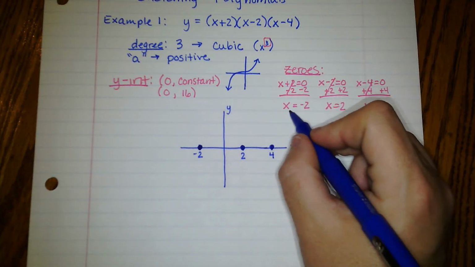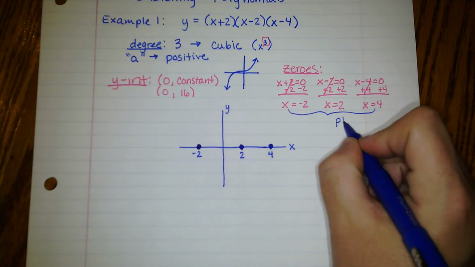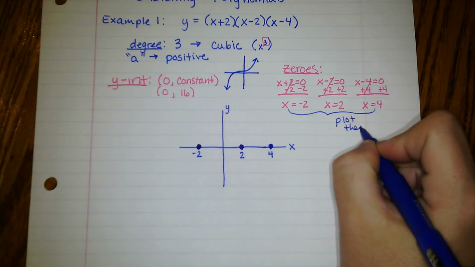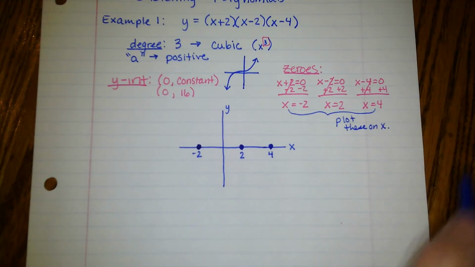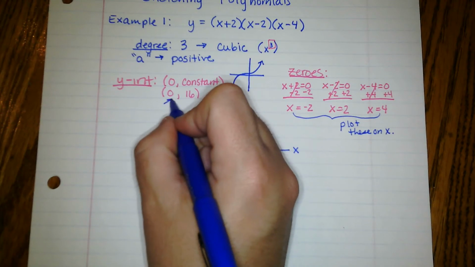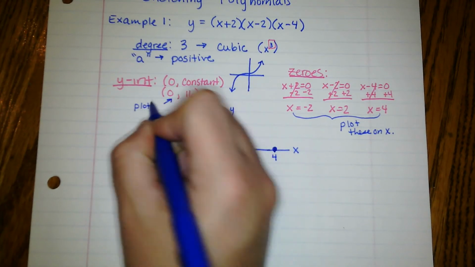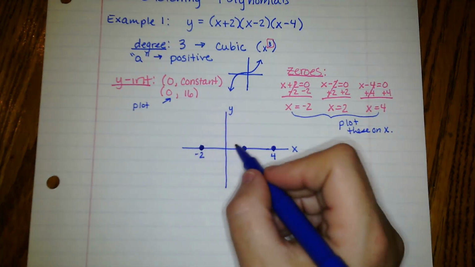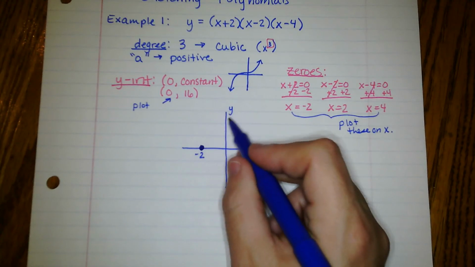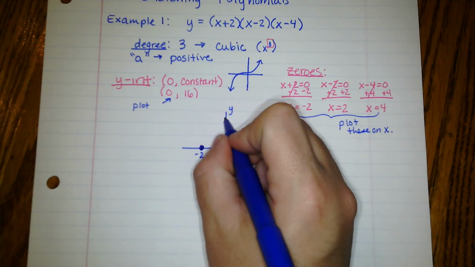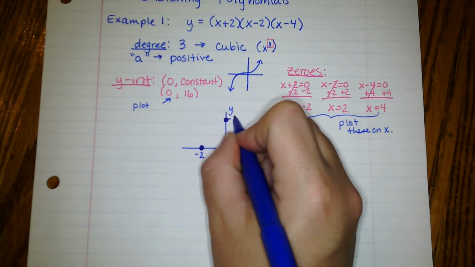All right, so you're going to plot these on the x-axis. The next thing you're going to do is you're going to plot your y-intercept. Now it's at 0, 16, which is going to be up here. It's going to be in a positive direction for your y-axis. So I'm just going to put a dot up here, and I'm going to put 16.